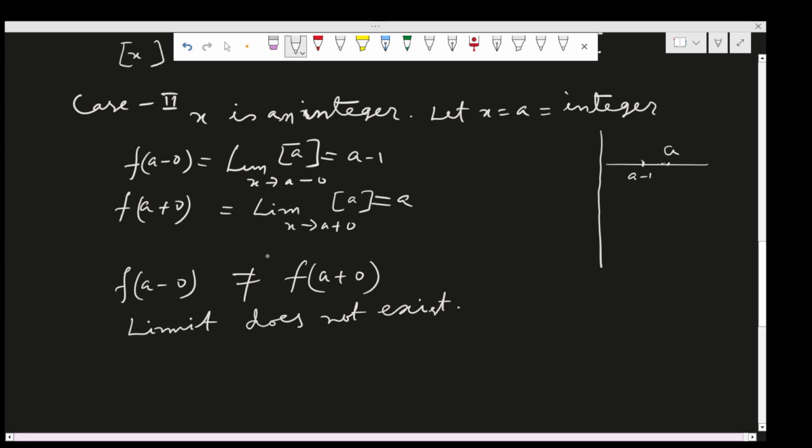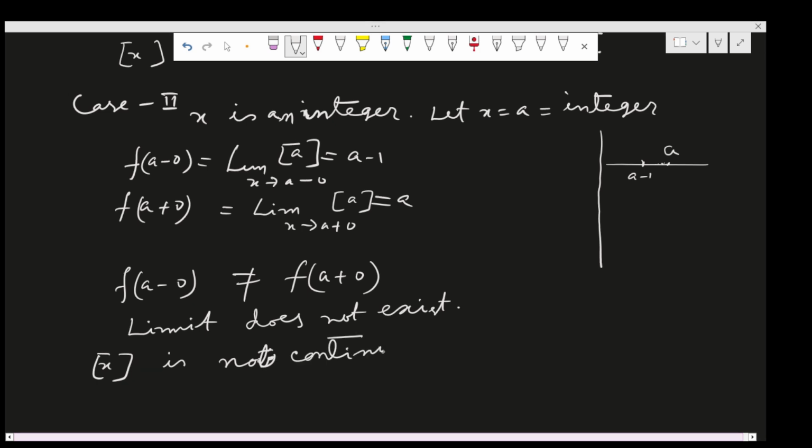In this case, we need not consider function value at x is equal to a because limit does not exist. So box x, greatest integer function, is not continuous at x is equal to a, where a is an integer.